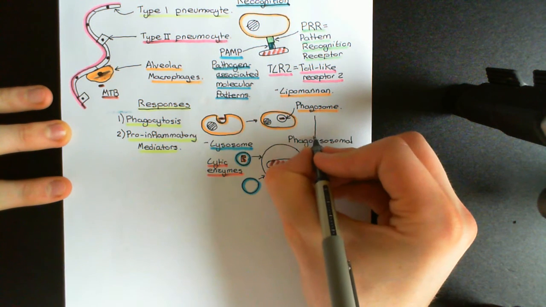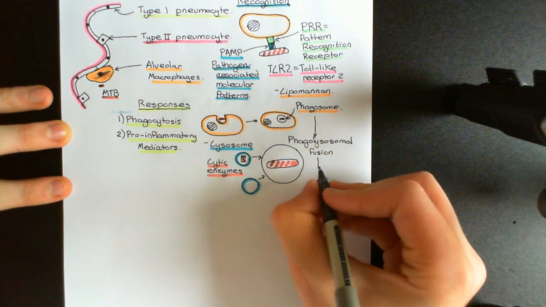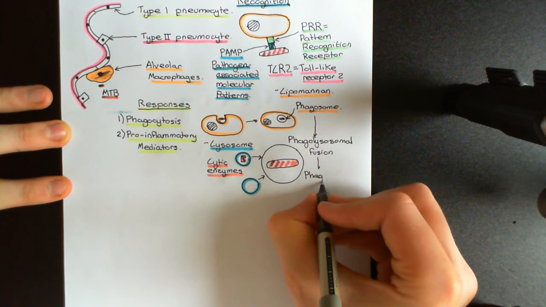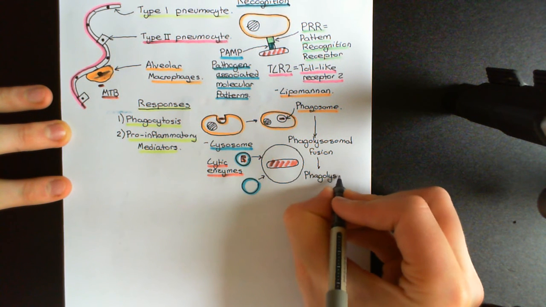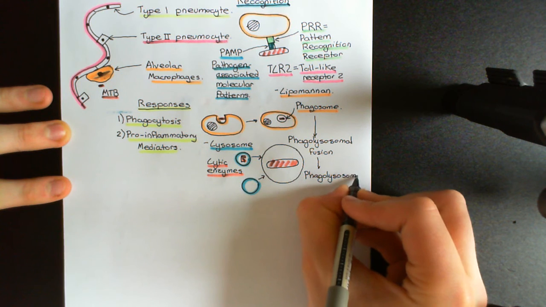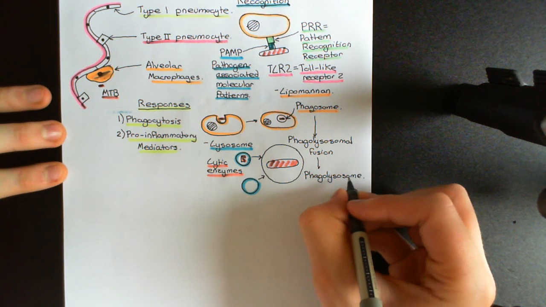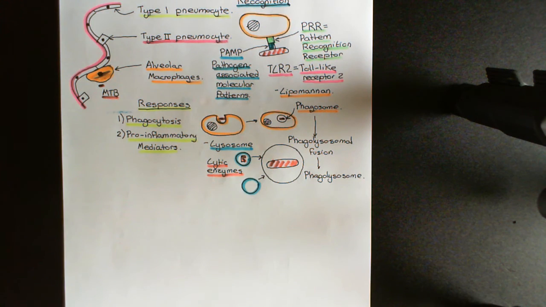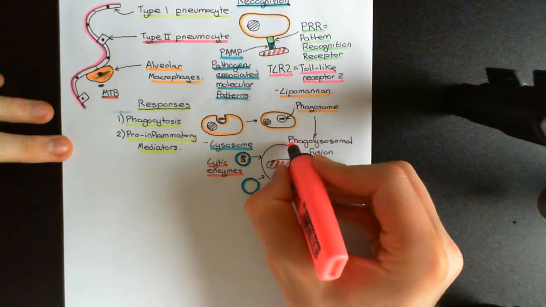So the phagosome will undergo phagolysosomal fusion, where lysosomes will fuse with it, and after that process has occurred, it's then called a phagolysosome. And I'll stress this is what happens in the ideal situation. I'm going to talk in a moment about how Mycobacterium tuberculosis is going to resist this mechanism, but let's say it will occur in a few macrophages. A few macrophages will get lucky and this process will be able to actually proceed.